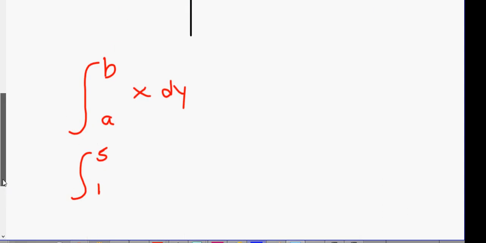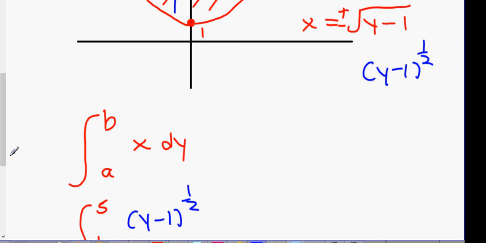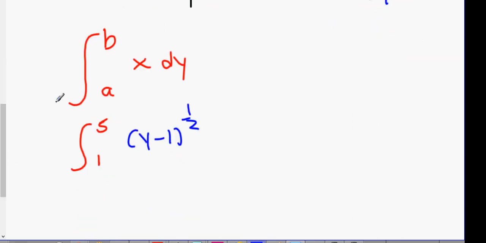Now look at this. What's going to happen is we're going to change that into y minus 1 to the power of a half. Now, you've never done anything like this before. The key thing to remember is you're allowed to do this when the derivative is 1. If the derivative of whatever is in the brackets is 1, you're allowed to do it like you do a normal question.